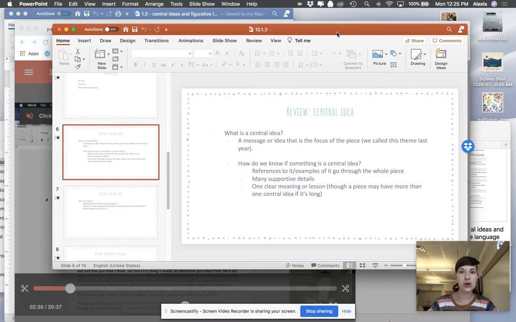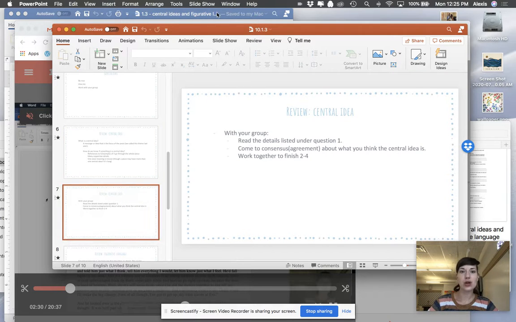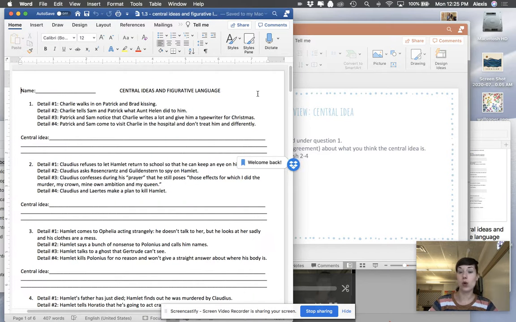So here's what you're going to do on your worksheet. We're going to practice looking at evidence and then trying to figure out what the central idea is. You're going to go to your worksheet and we're going to do question number 1 together. When we look at these details under question number 1, the first thing we see is Charlie walks in on Patrick and Brad kissing.